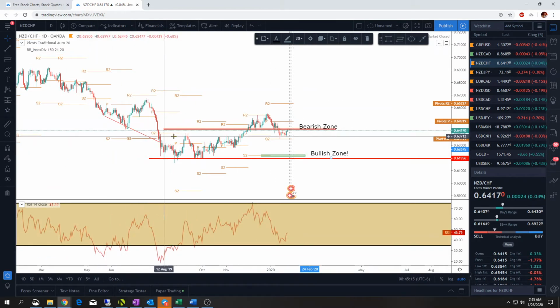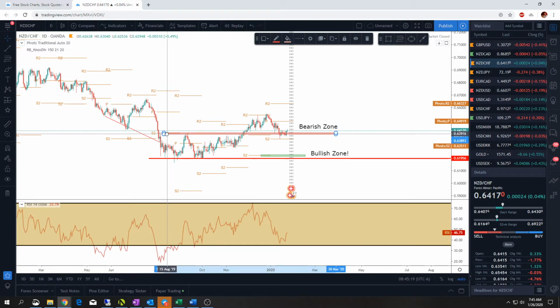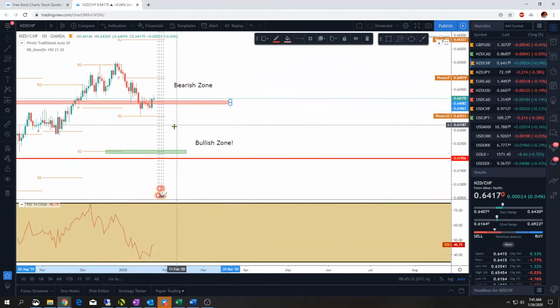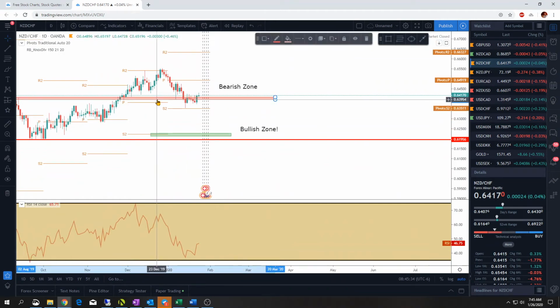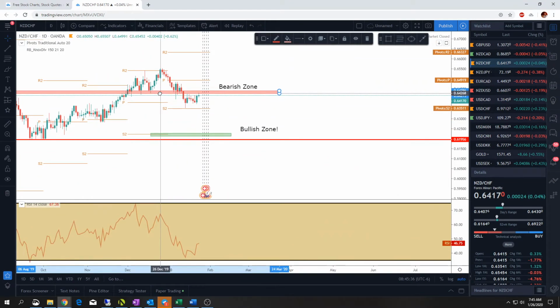If we zoom back out a little bit, you do have this former resistance now becoming support to kind of mess with your head a little bit, but that was a while ago, and I'm liking this pair. You have much more recent support here turned into resistance, so I like this move a lot better.